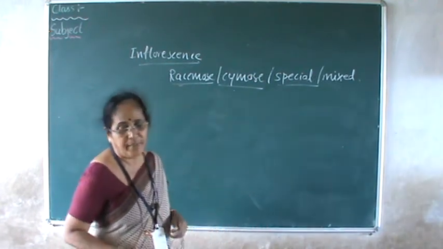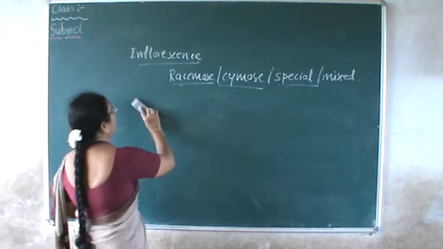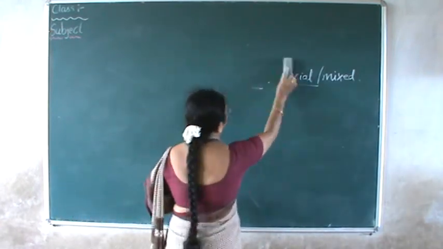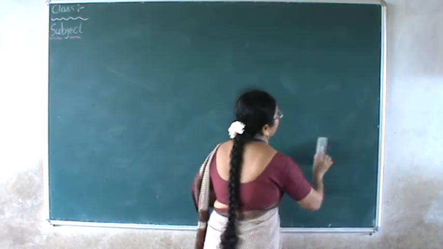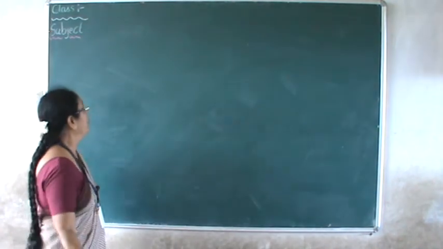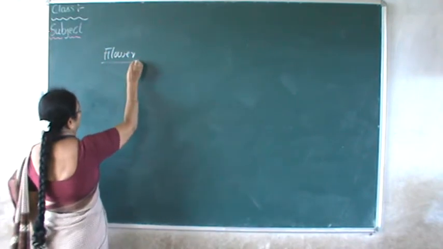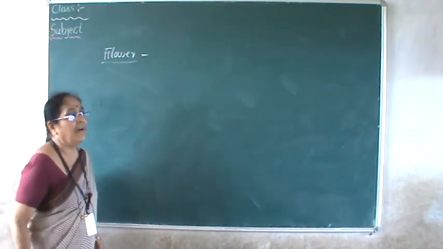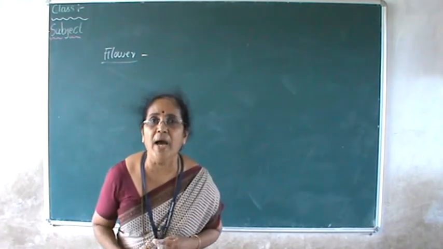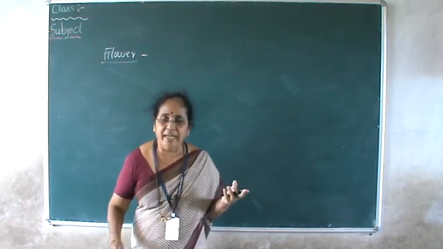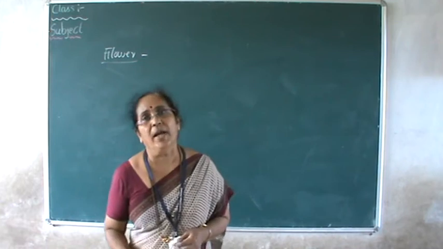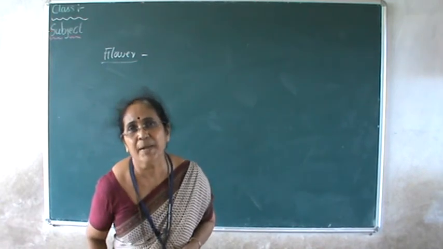Now, I will continue with the flower, the most important part of the angiospermic plant. To define it, the flower is a reproductive part of an angiospermic plant, and it is purely meant for reproduction because the flower contains the reproductive parts.